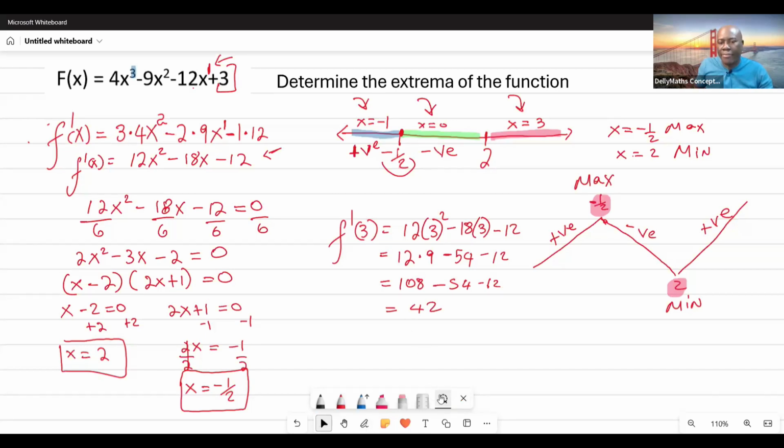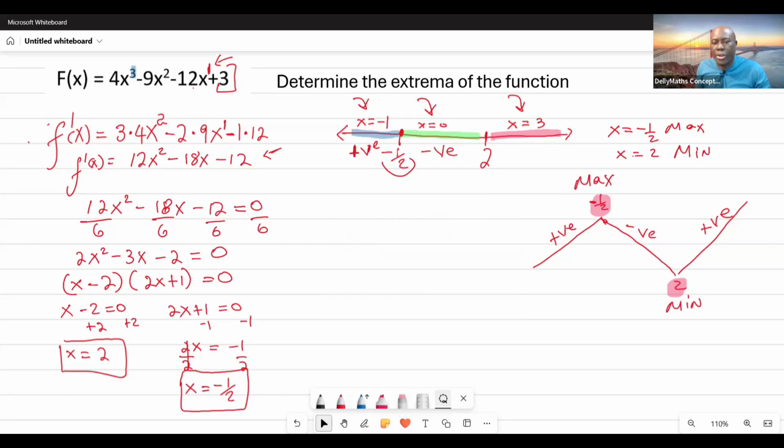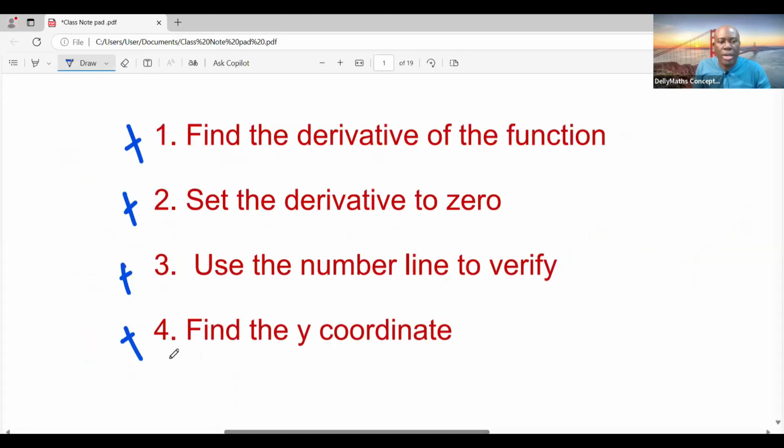So we're almost through with all that we're doing. So now we're going to have to go back and find the point itself, okay? So we know where our max and our minimum is. So now the last thing that we're going to do is find that y coordinate, right? So let's deal with that.